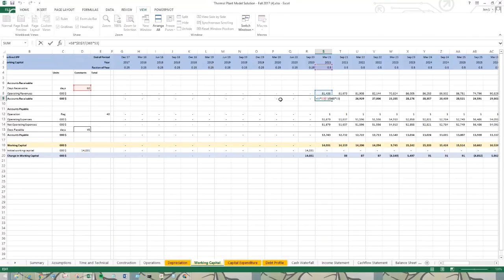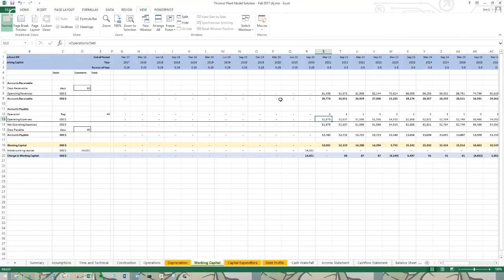Really this period isn't 365. Your days receivable are based on a full year, so you have to scale it down. It's the same thing with interest. This is an annual number, you have to de-annualize it. So you're de-annualizing it, and then you're multiplying it by your operating revenue. And this is how you get your accounts receivable.